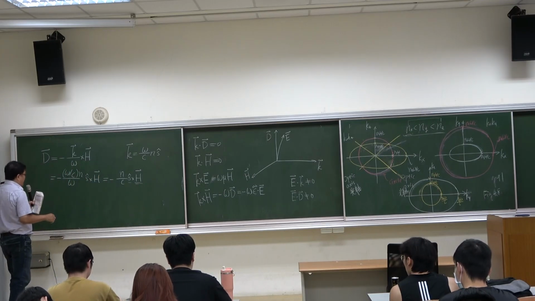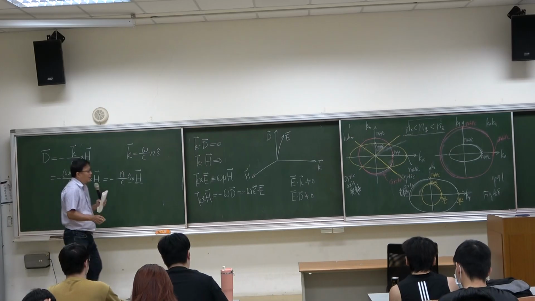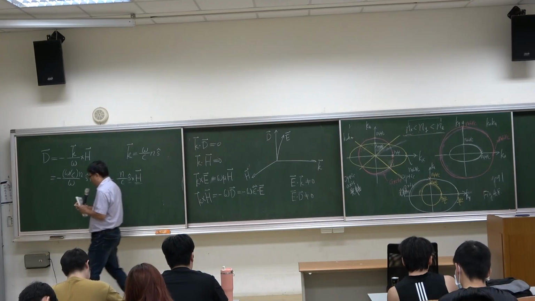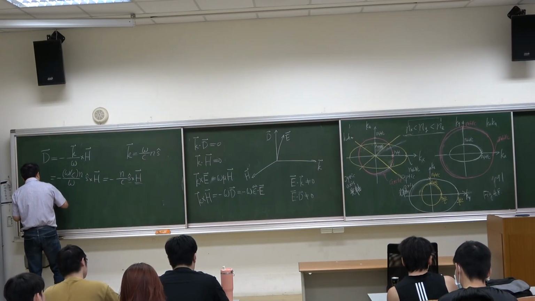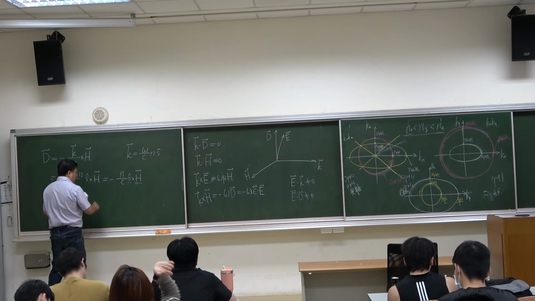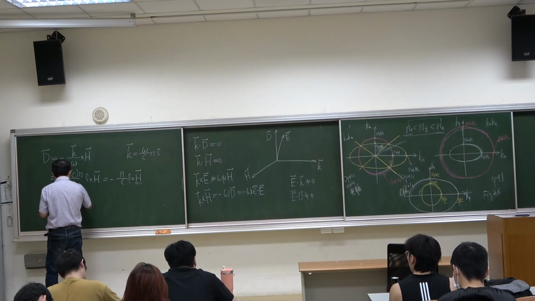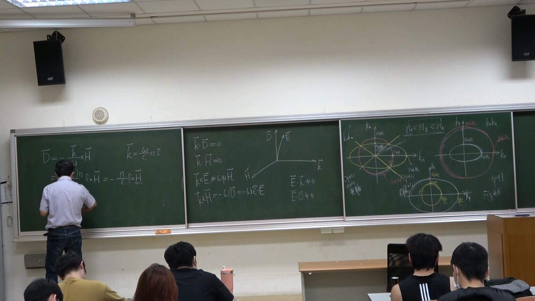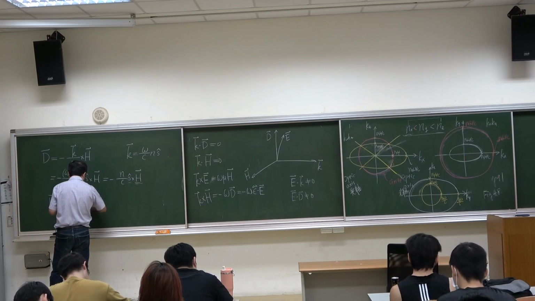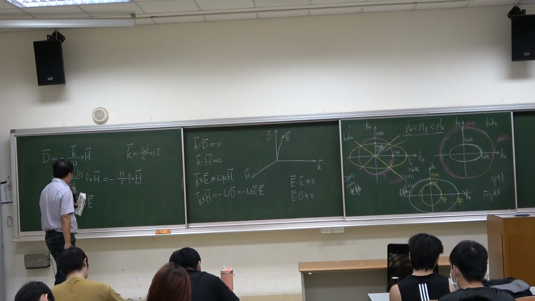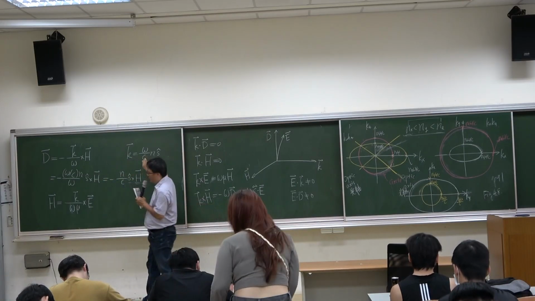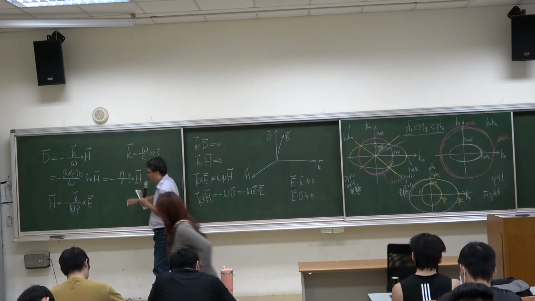However, what is the H vector? According to this result, H vector is k over omega mu cross E. And we still can substitute k equal to omega over c times n times s.